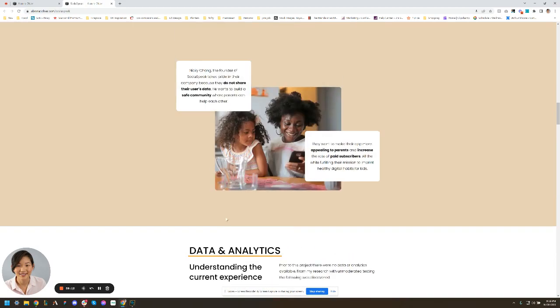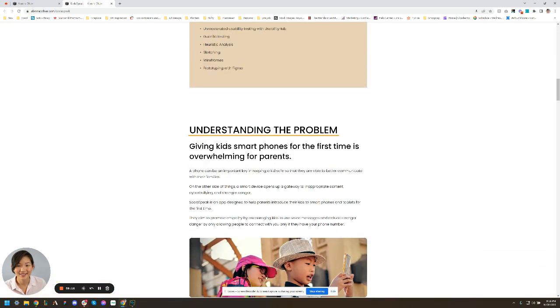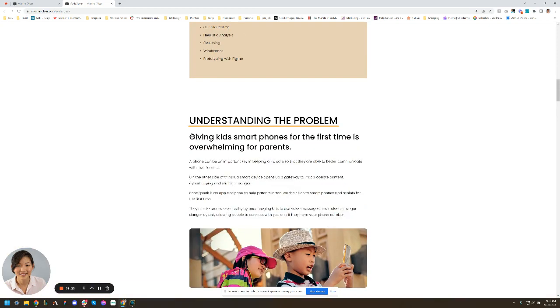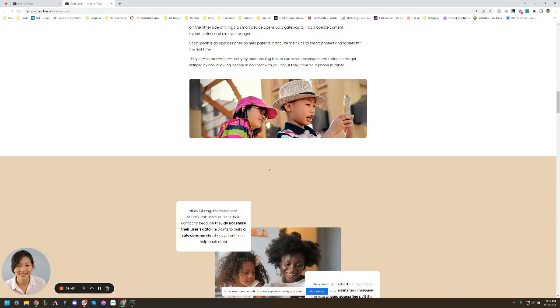Here's a great example: understanding a problem. Giving kids smartphones for the first time is overwhelming. They don't need to read the rest of this to understand what the rest of this is about. That's what this accomplished, right? Visual hierarchy: the first thing the eye goes to is this big header, which we know is a header because there's an underline, it's big, it's bold, it's in capitals, and then there's a summary.